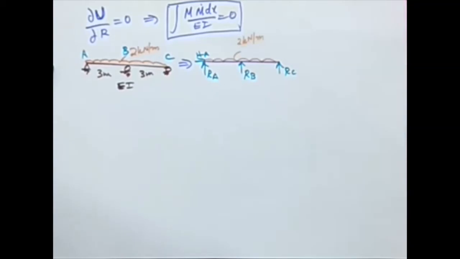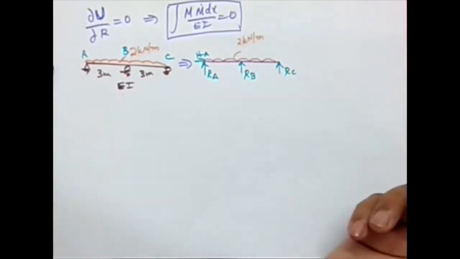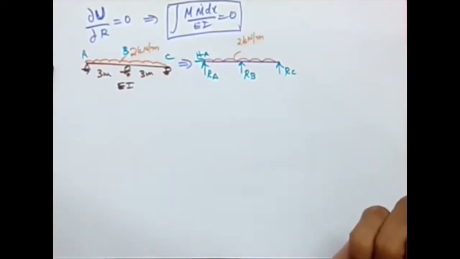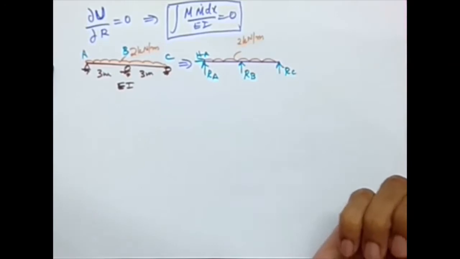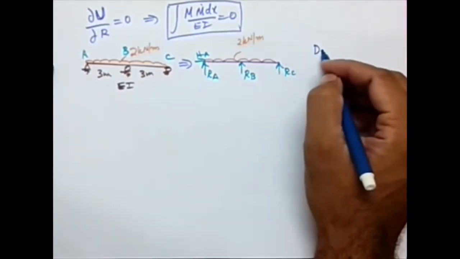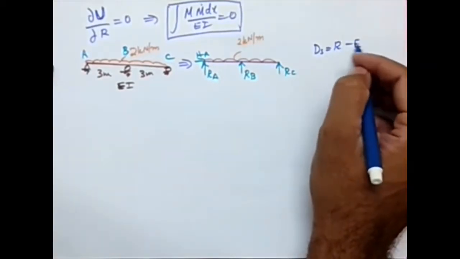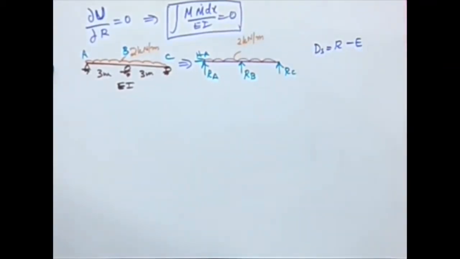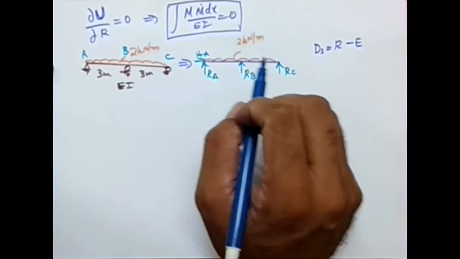Now we need to decide what the redundant is in this case. To find the redundant, the first thing you need to do is calculate the degree of static indeterminacy, which has already been discussed. So Ds is equal to R minus E, where R is the number of unknown reactions and E is the number of equations of equilibrium.